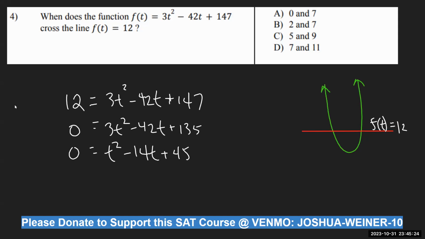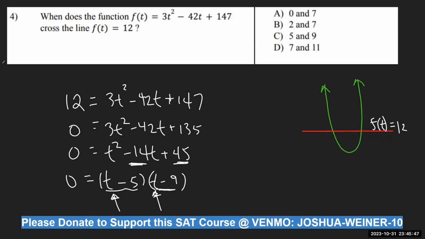And finally, factoring it, we need 2 numbers that multiply to 45 but add up to -14. It looks like t minus 5 and t minus 9 are the factors. So remember, for the zero product property, if we plug in a 5, this factor will be 0. Or if we plug in a 9 for t, this factor will be 0.